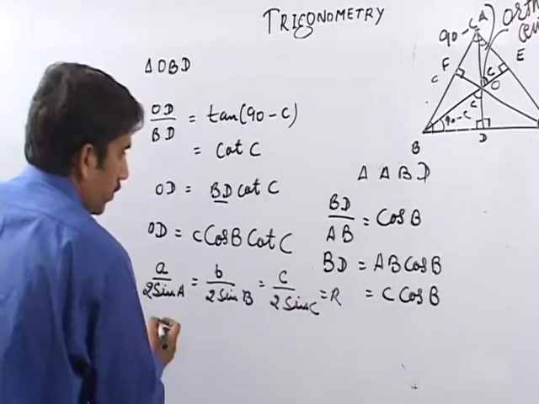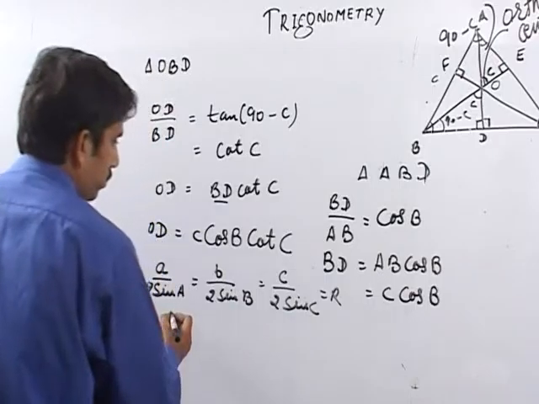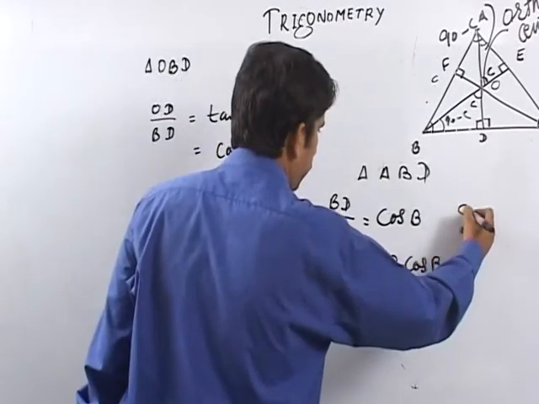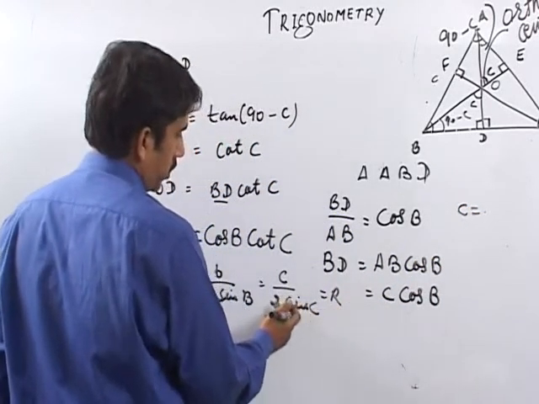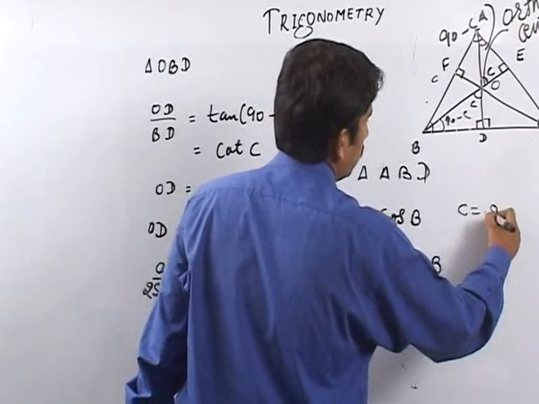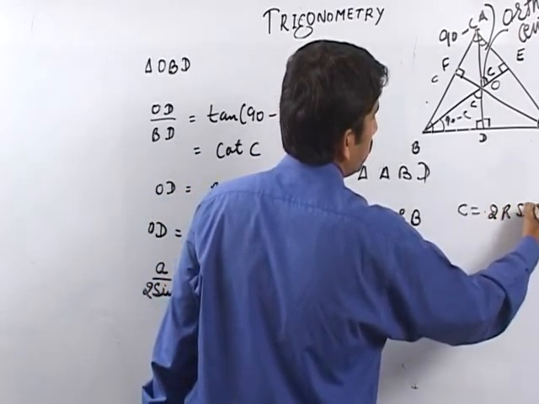Therefore, from here we can find that c is equal to 2R sin C.